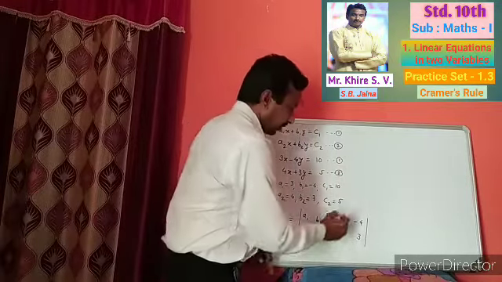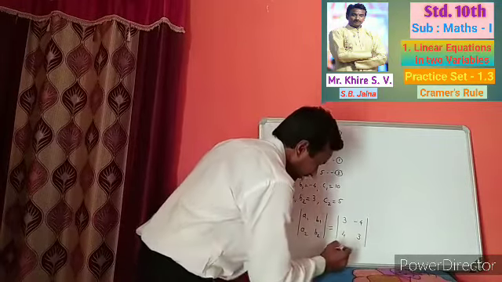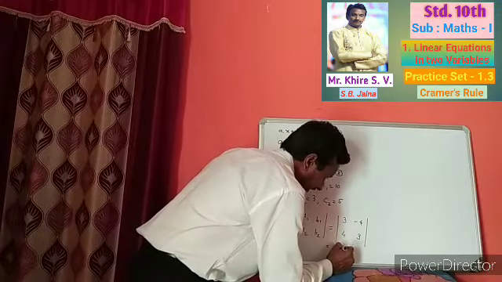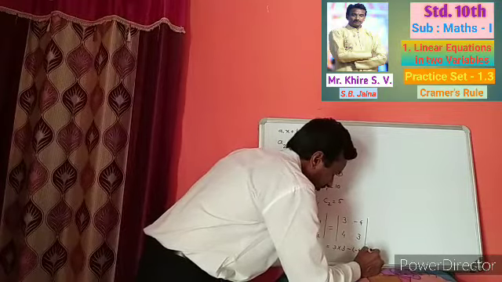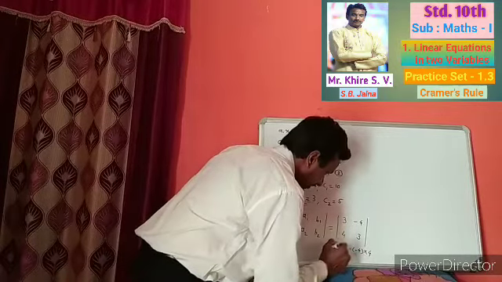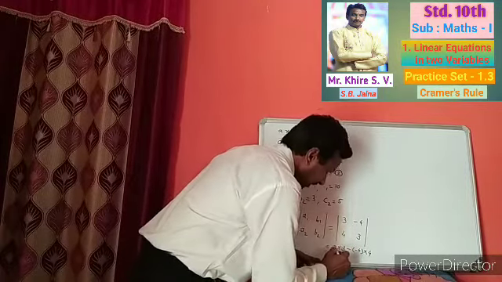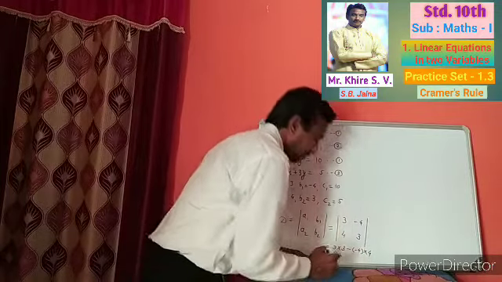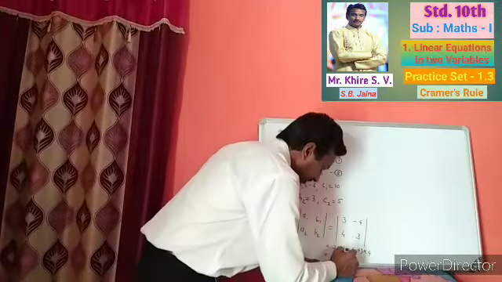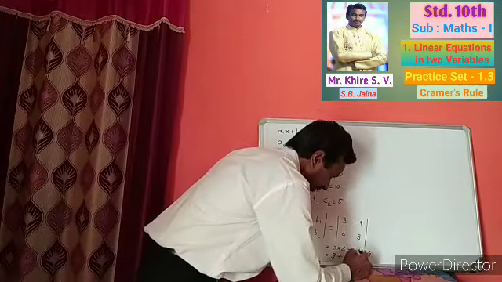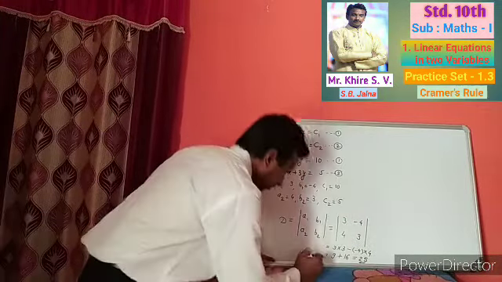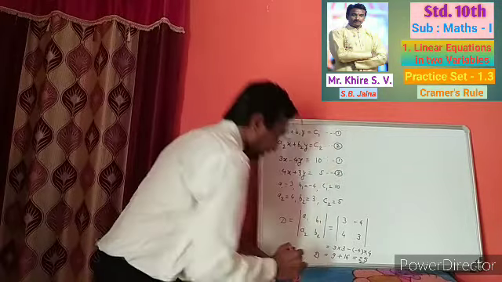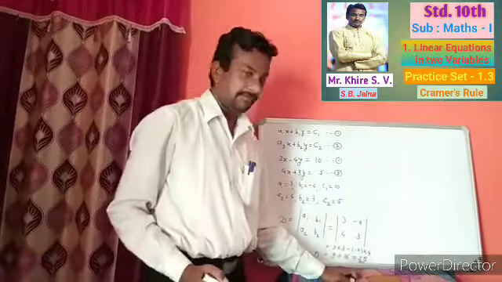Now by cross multiplication, 3 into 3 minus minus 4 into 4, that is 3 3s are 9, minus becomes plus, and 4 4s are 16. This 9 plus 16 equals 25. Therefore the value of d is 25.